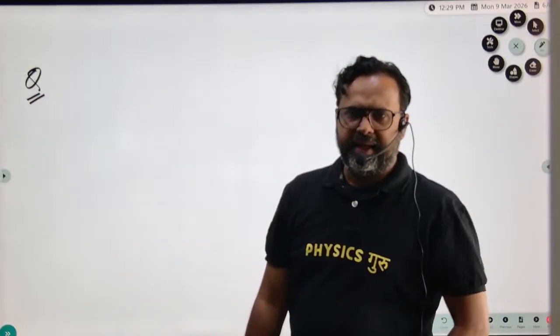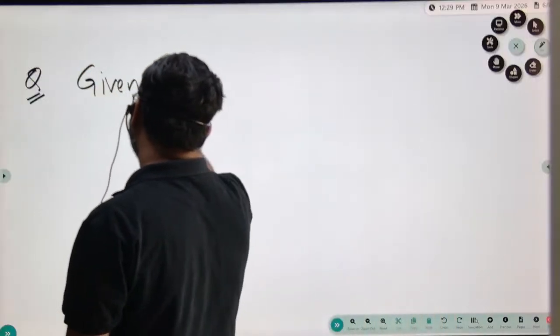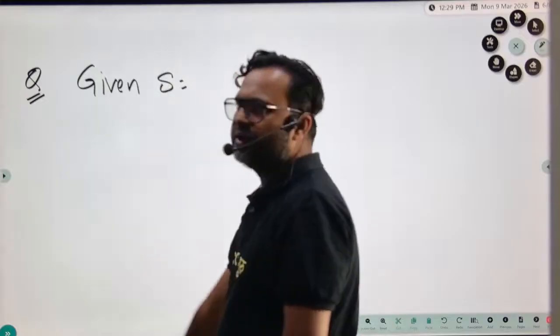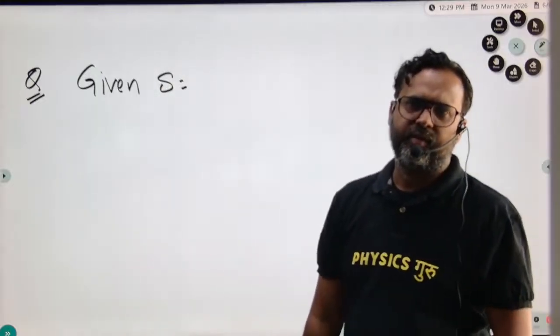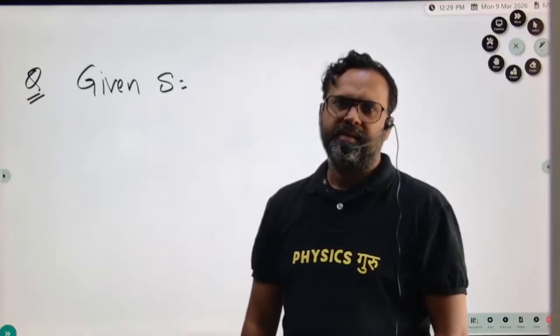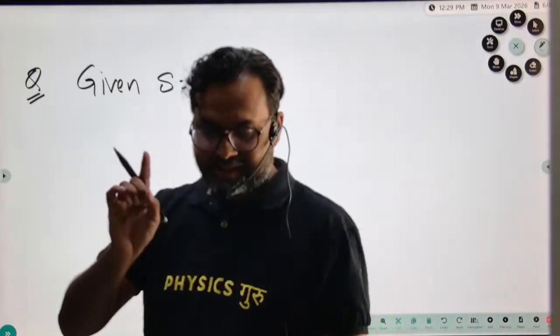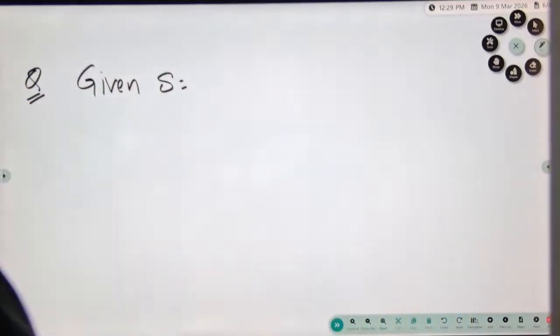Read the question. Given S is equal to, do you remember the second equation? What is the second equation of motion? v is equal to u plus at is the first equation.